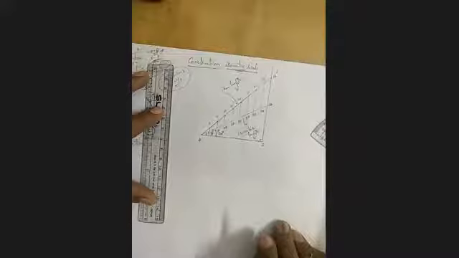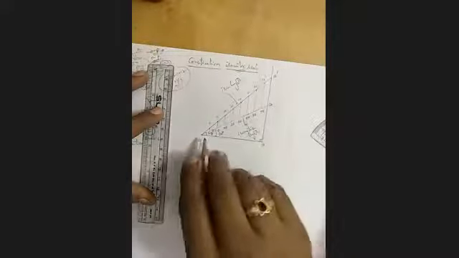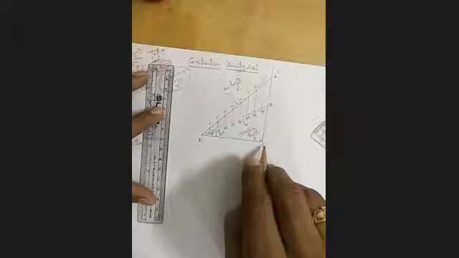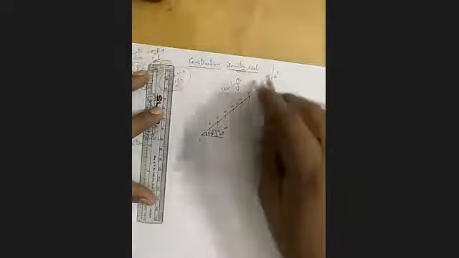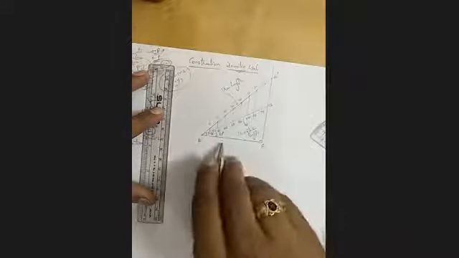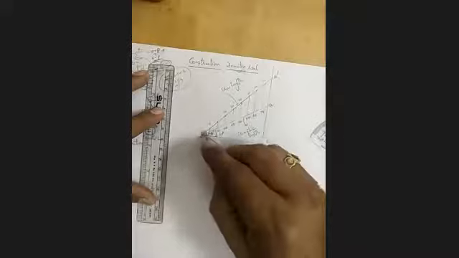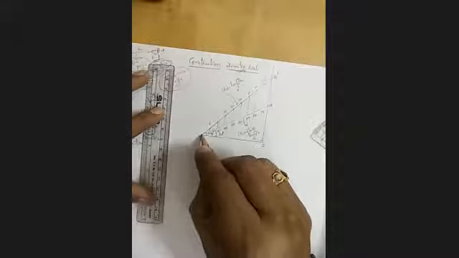Sir, repeat once. Once again: I just took one horizontal line, measured some length, and drew one perpendicular line. So this is 90 degrees. Then I drew one 45-degree line from B, intersecting the perpendicular line.